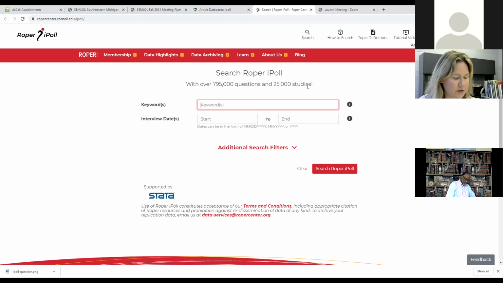Okay, so as you saw, there's a wide variety of polls in Roper iPoll. So I'm just going to do a quick search that will help us see the breadth of what's in there, but also see how we can use the search features to narrow and navigate the database. I'm just going to do a search for football.